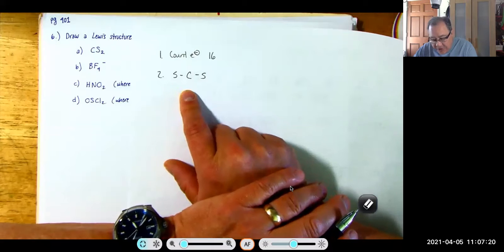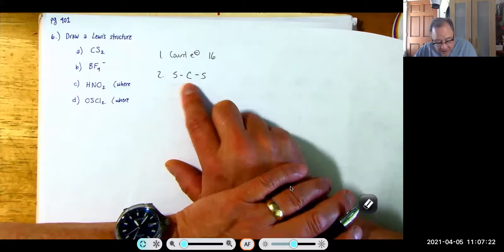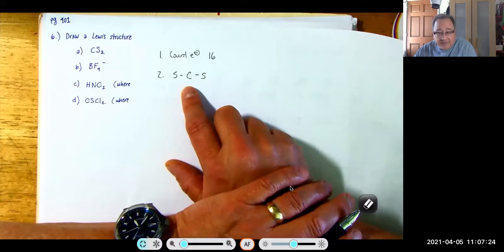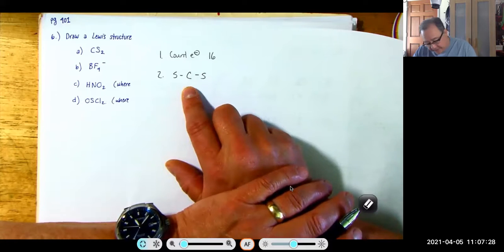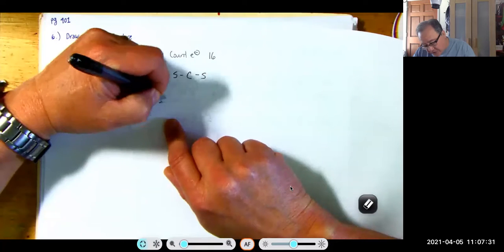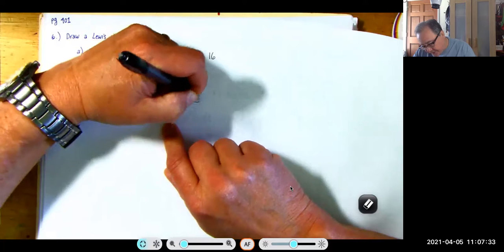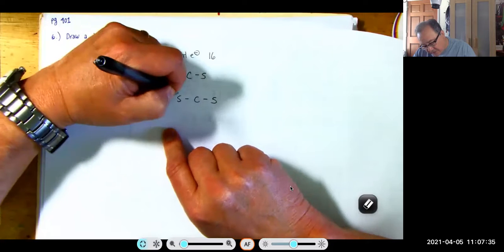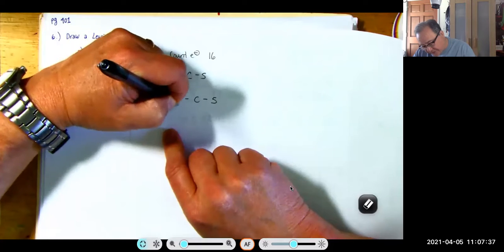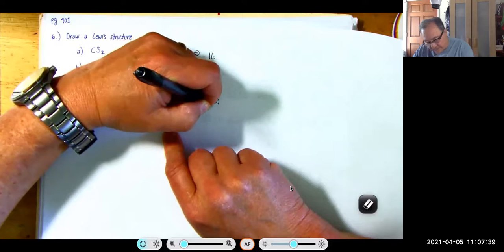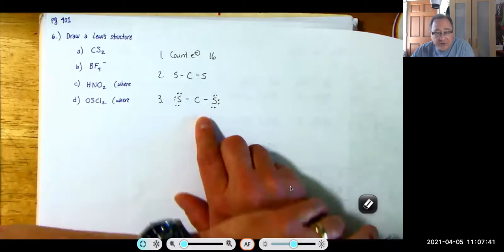And once you choose the central atom, you put all the other atoms attached to the central atom by a single bond. And then you take your extra electrons and you put them around the terminal atoms until you've used all 16 or you run out.